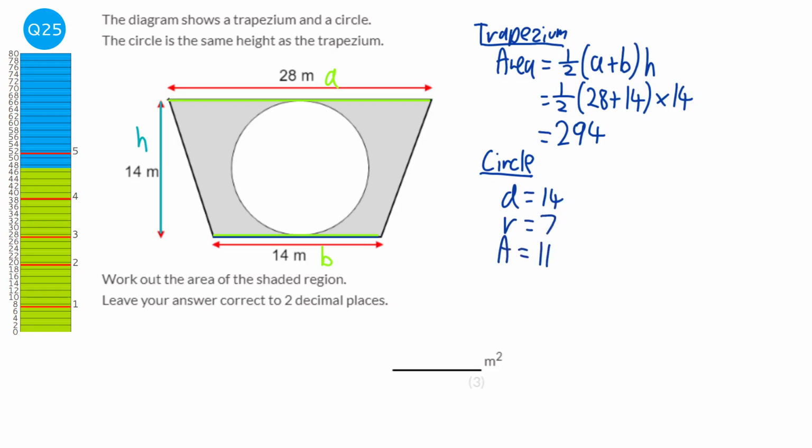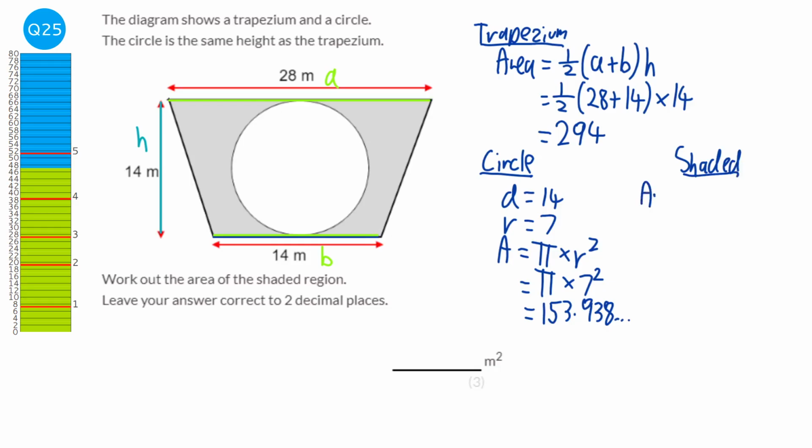And the area of a circle is pi times the radius squared. So it would be pi times 7 squared, which will be 153.938 and so on. Now I'll keep that in my calculator, because next thing we'll do is the shaded area part, and it says we want to work out the area of the shaded region.